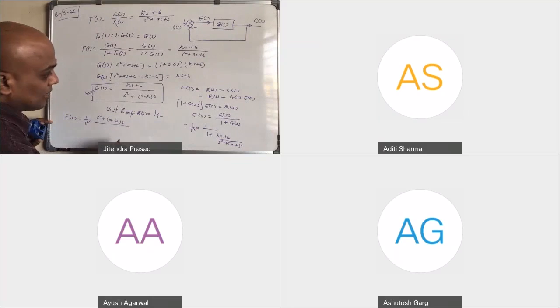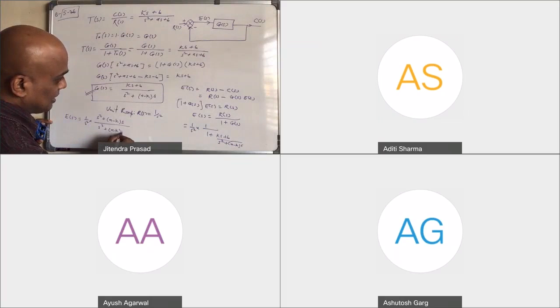So E(s) equals 1 over s squared times (s squared plus (a minus K)s) divided by (s squared plus (a minus K)s plus Ks plus b).